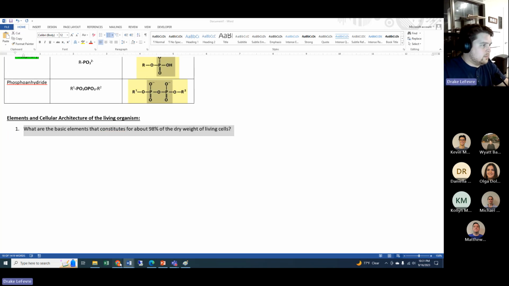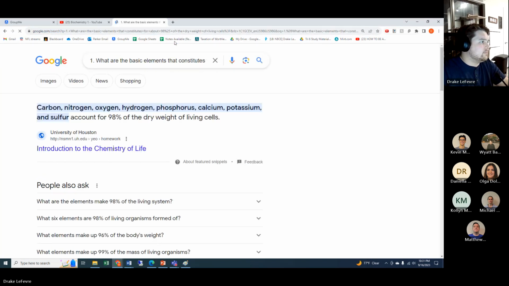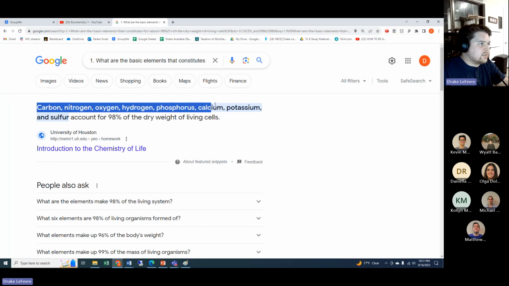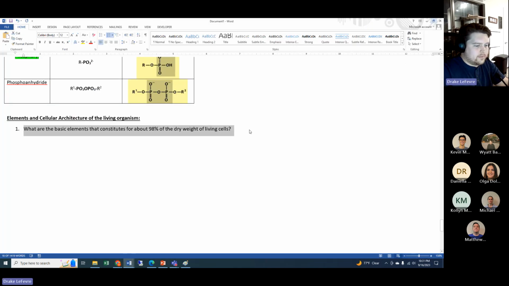Let's take a look at what the mighty internet says. Here we go. Carbon, nitrogen, oxygen, hydrogen, phosphorus, calcium, potassium, and sulfur. Isn't Google great?